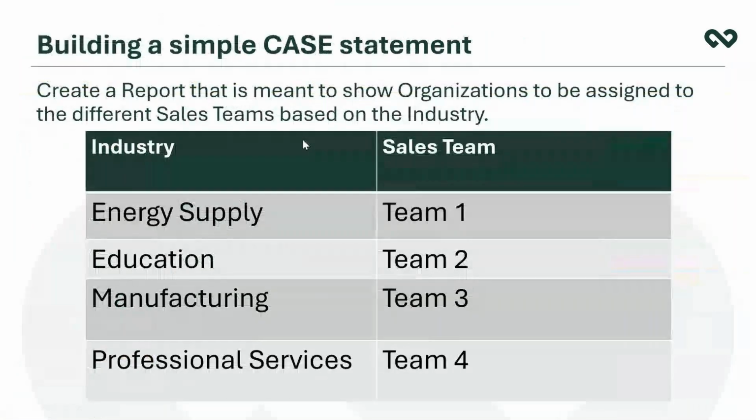Right. So this is an example of a simple case statement that we'll try and build within workbooks. The example is that we're going to assign organizations to different sales teams within the business based on the value of the industry field on an organization's record.